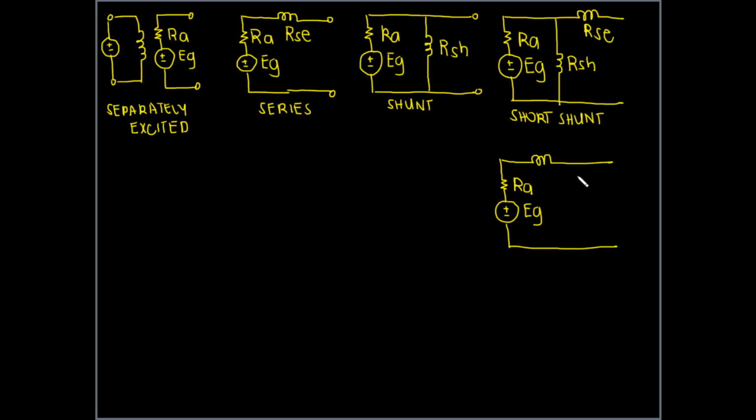And then, of course, you have your shunt field, which is here. So series field there. So this is now your long shunt compound generator. All those four are your self-excited generators.